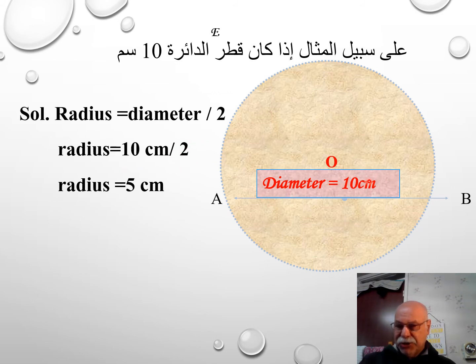Depending on the relationship between radius and diameter, we get 5 centimeters. So the radius now is 5 centimeters, from here to here.